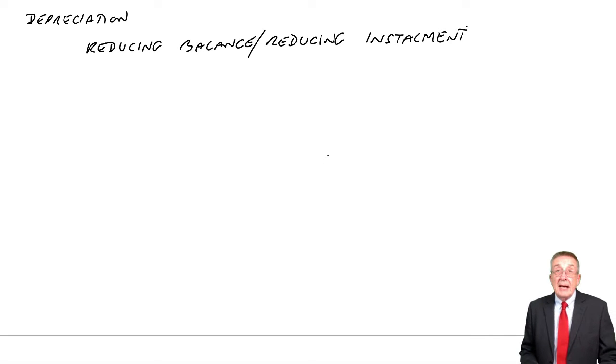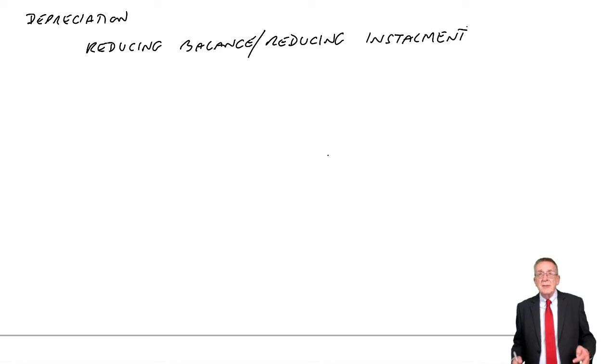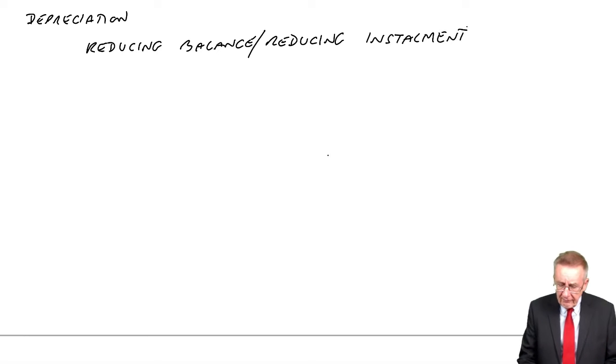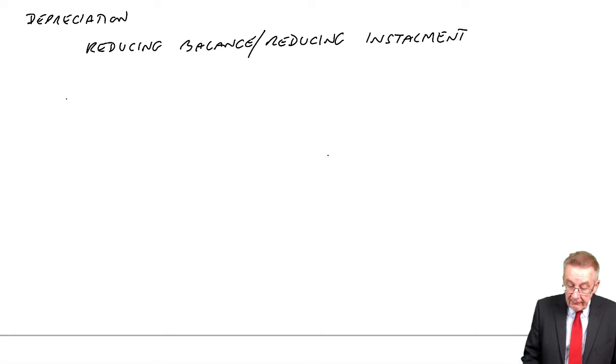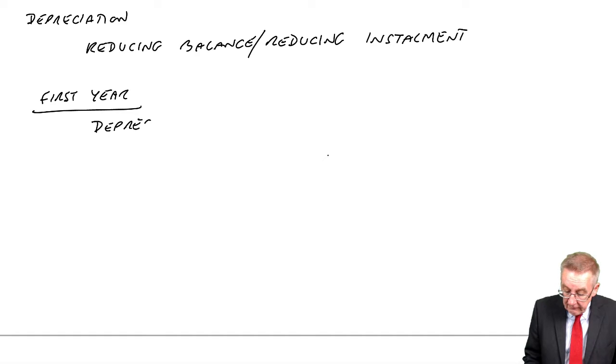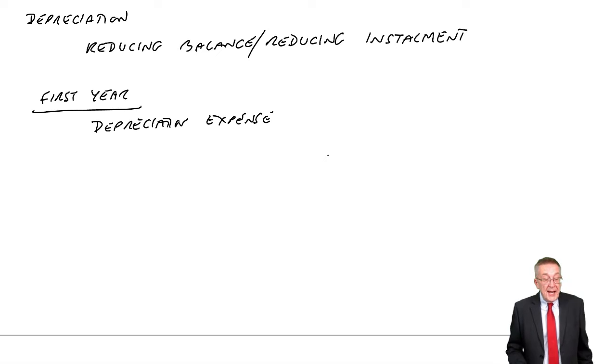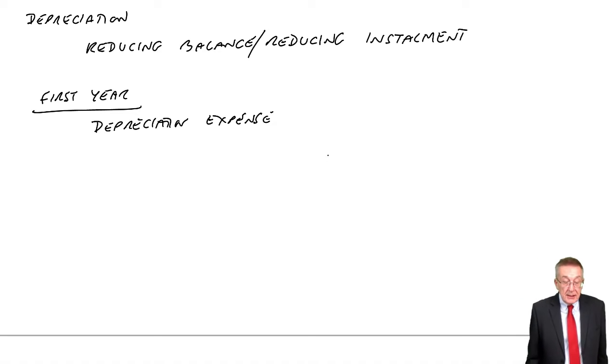All right, now watch me carefully. It's not hard, obviously, but I say again, I can't just give you a formula, but just watch. The first year, the depreciation expense, well, it says it's 20% reducing balance.